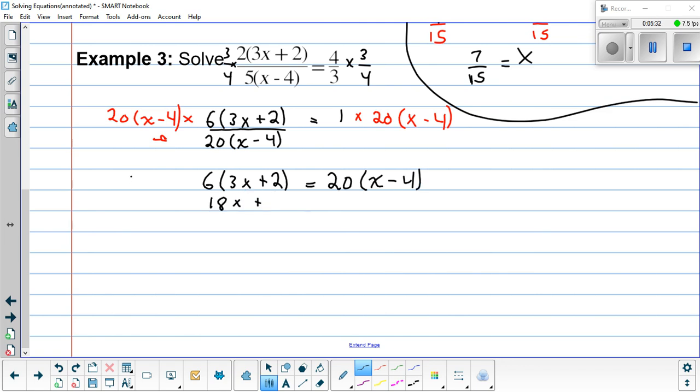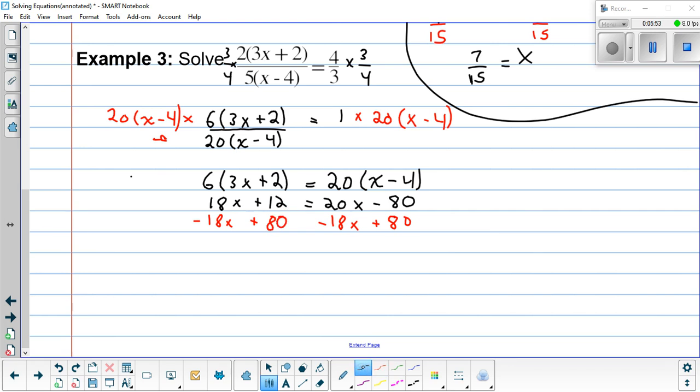18x plus 12 equals 20x minus 80. So here, I'm going to simply subtract off 18x, subtract off 18x, add this 80, and then I've got to go back and add the 80 to the other side.